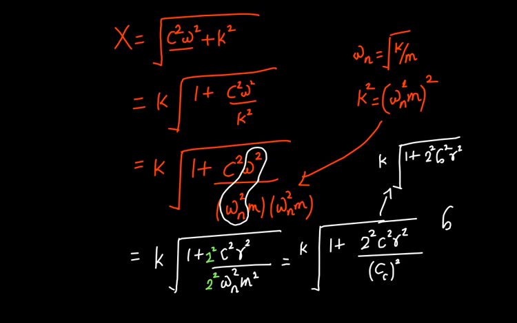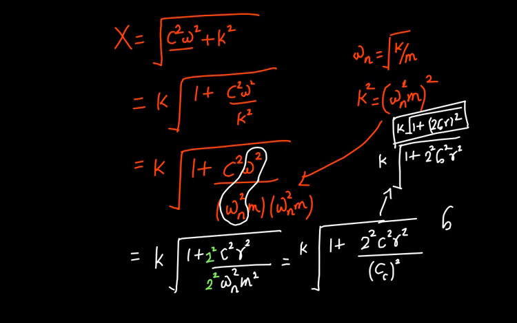And that can be nicely written as, very simple, last step, k into root of 1 plus 2 into zeta into r the whole square. I'm sorry I'm making this a little bit cluttered, definitely not with the intention of making it look cluttered. Anyway, so that is the final expression.